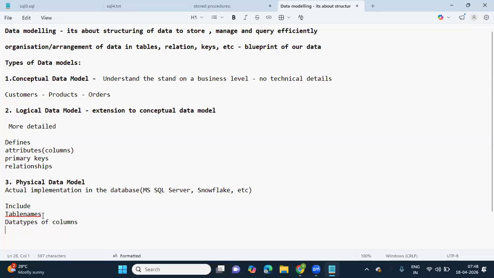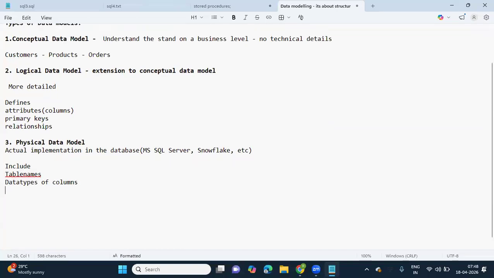I hope that by this time you understand what a table name and a data type are. Are we going to have any indexes on the tables, or any constraints on the table? All of these terminologies we have discussed. So we will actually implement it on the database. This is what happens in the physical data model.